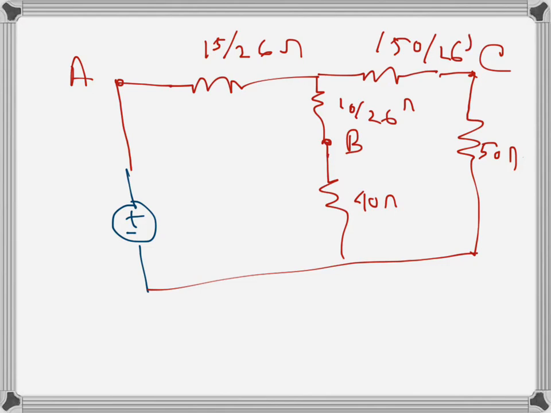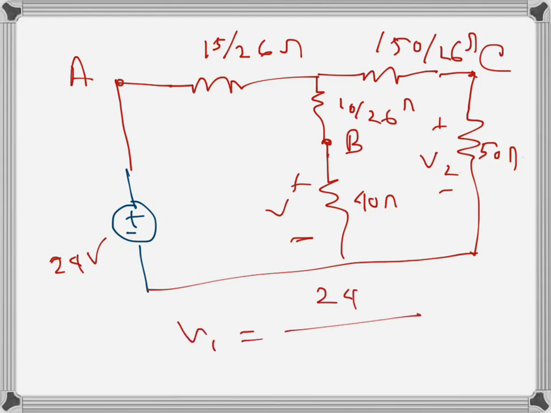Now this becomes simple. We have to find V1 here and V2 there, and these two can be found by using the voltage divider rule. So V1 will be 24 divided by the sum of these three resistances, so 40 plus 15 over 26 plus 10 over 26, times 40.